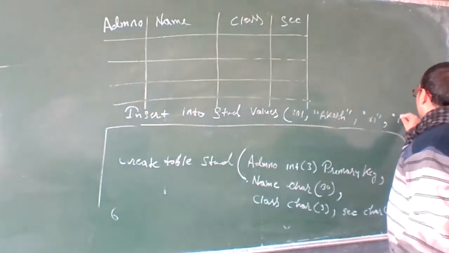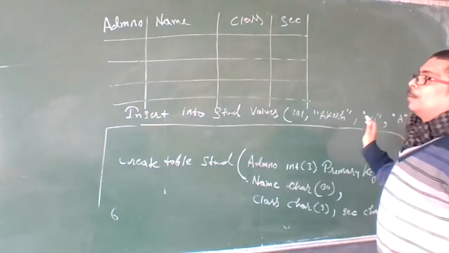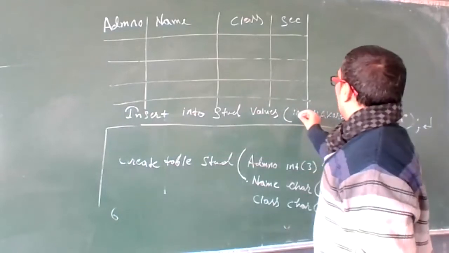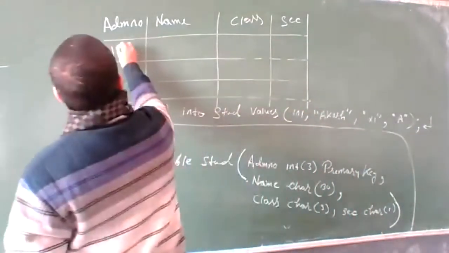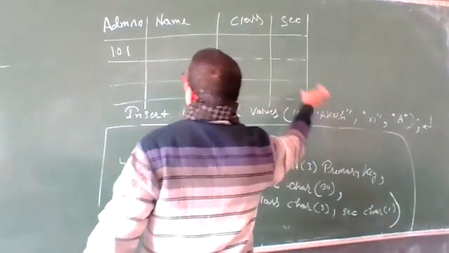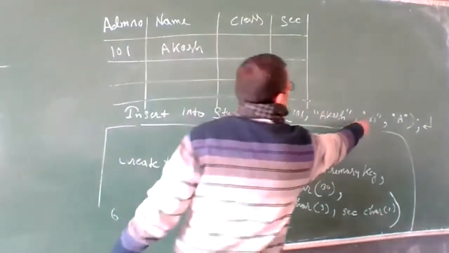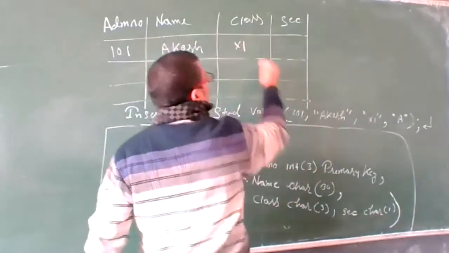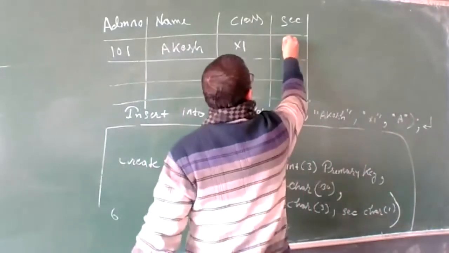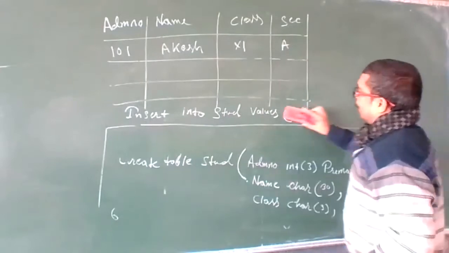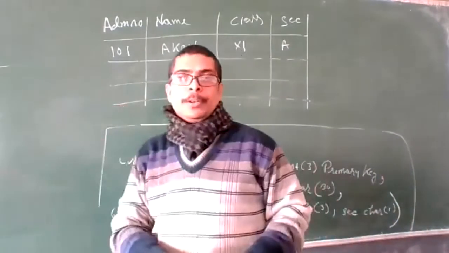Now it will not prompt any error. So this will finally insert. The 101 will go here, and Akash will come here, 11 will come here, section will come here. The same way you can insert the record.